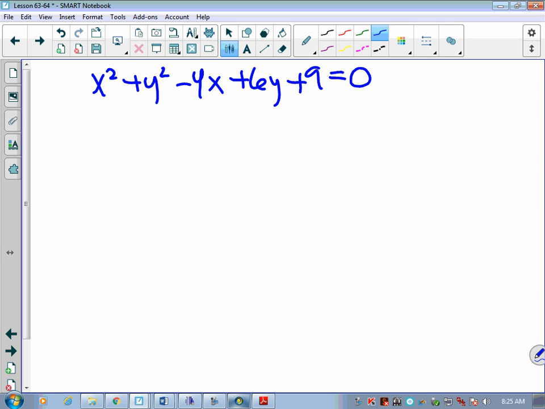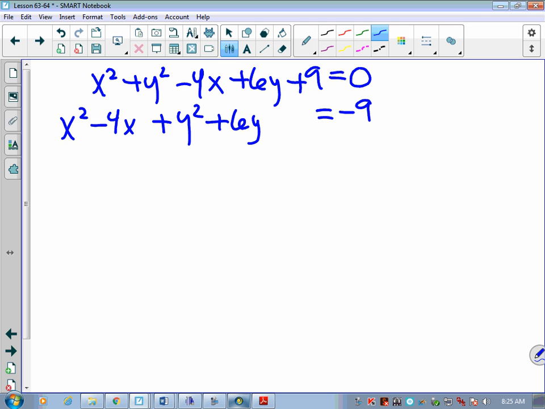We're going to move our x's together and our y's together. So we're going to rewrite this as x squared minus 4x plus y squared plus 6y, and we're going to move our 9 to the outside, so that's going to be equal to negative 9.